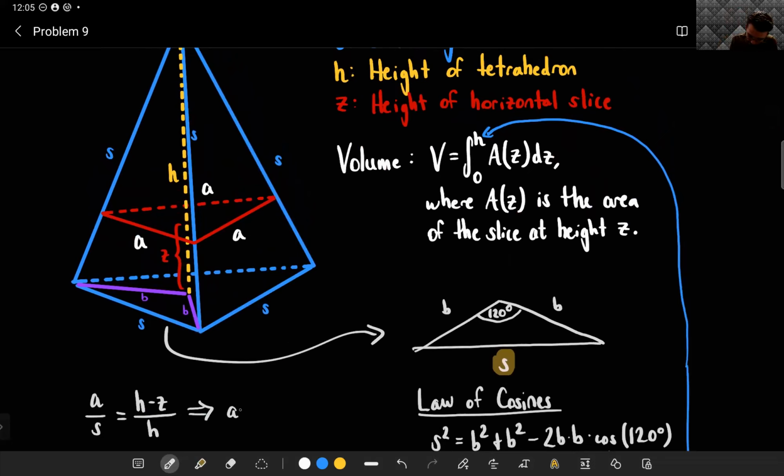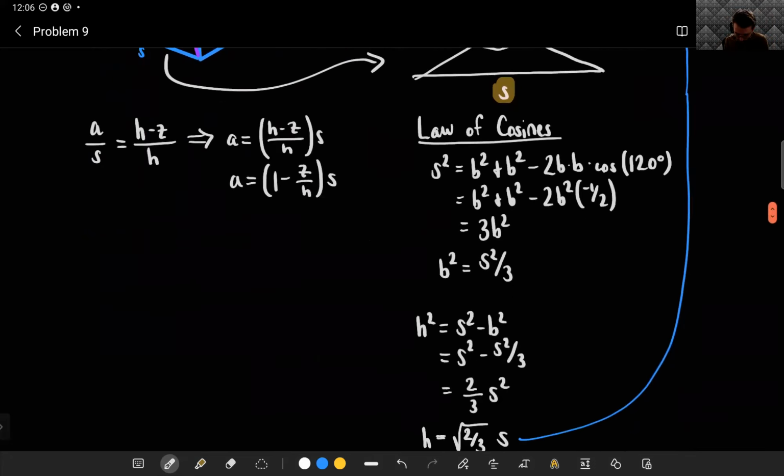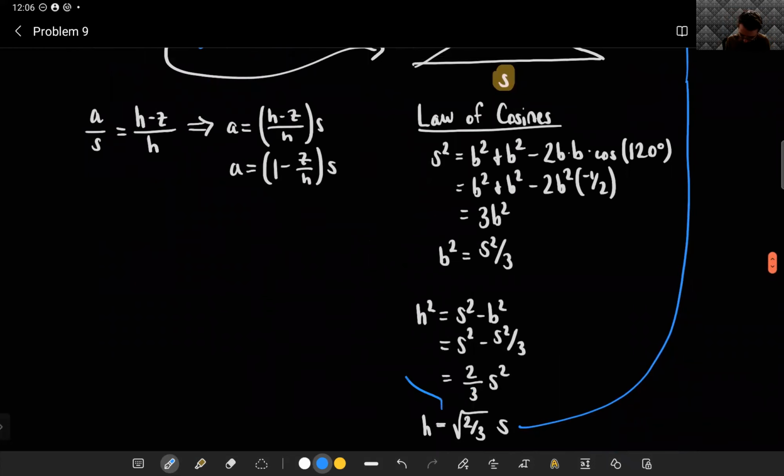So that's my ratio that I set up. I can take this and then solve for a. This is h minus z over h times s. And okay, maybe I simplify a little bit and I say that's, okay, h over h is 1 minus z over h times s. And okay, I know what h is. So I can also take this, plug it in here. So we want as few variables floating around as we can. It's 1 minus z over square root of 2/3 times s.